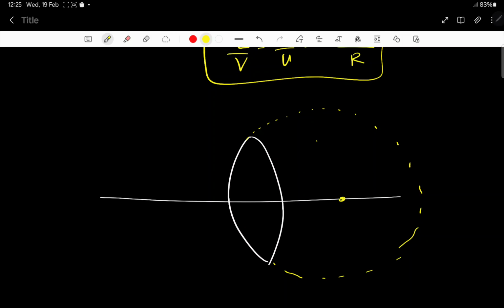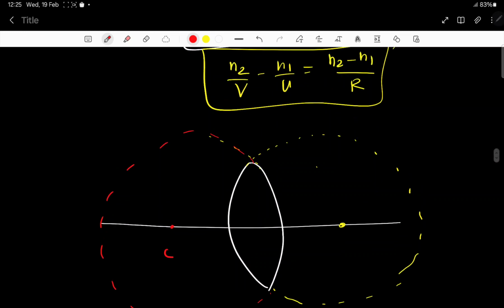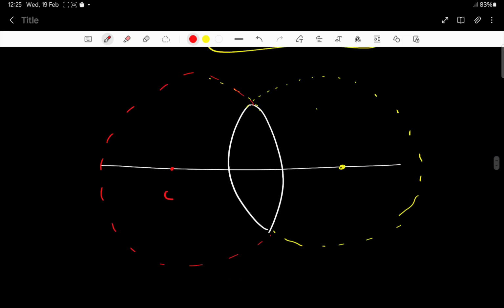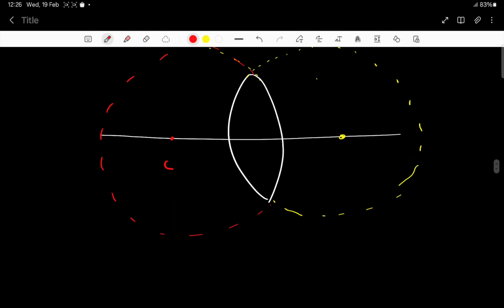Similarly, if you extend this curvature imaginarily, it could also form a sphere, and that sphere also has some center. So obviously, for a convex lens or concave lens, we can create the shape of the surfaces by using two imaginary glass spheres. With that assumption, I am going to derive the Lensmaker equation.